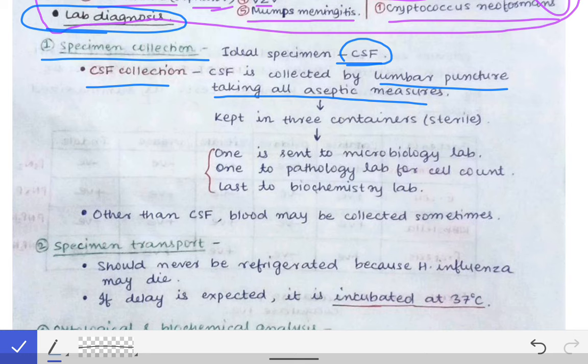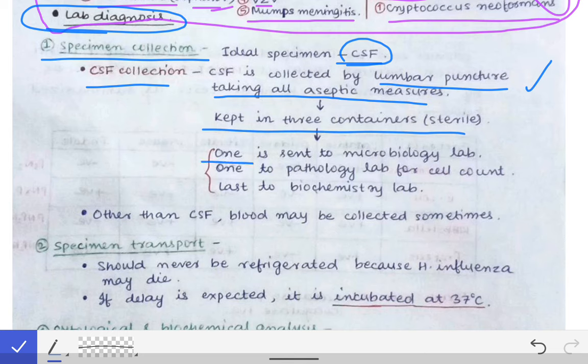Generally we take the CSF from the L3 L4 vertebral level, so first that area is made aseptic, and then by the method of lumbar puncture we collect the CSF. As we are collecting the specimen, we will collect it in three separate containers which should be sterile. Now why three?